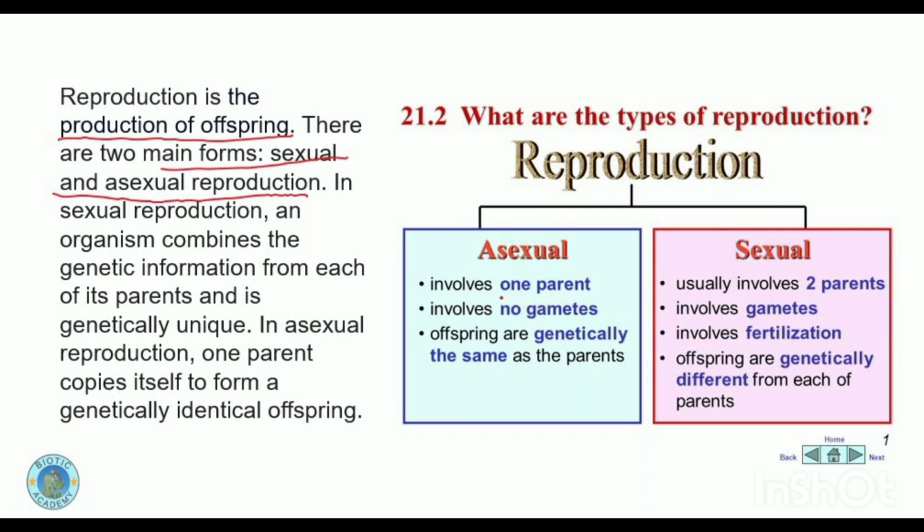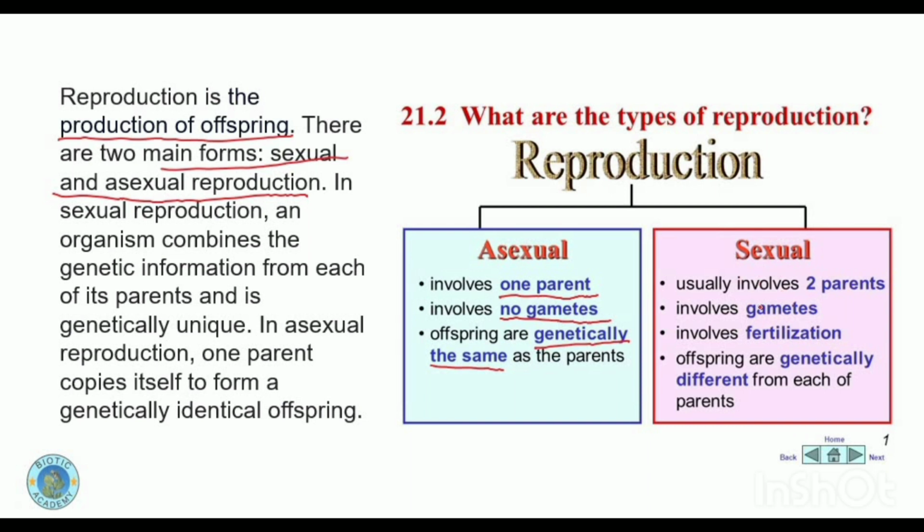In asexual reproduction, only one parent is involved, so there is no need of gametes, meaning they don't require any mate to produce new young ones. Offspring are genetically identical to their parents. In asexual reproduction, the newly formed young one is totally identical to the parent.